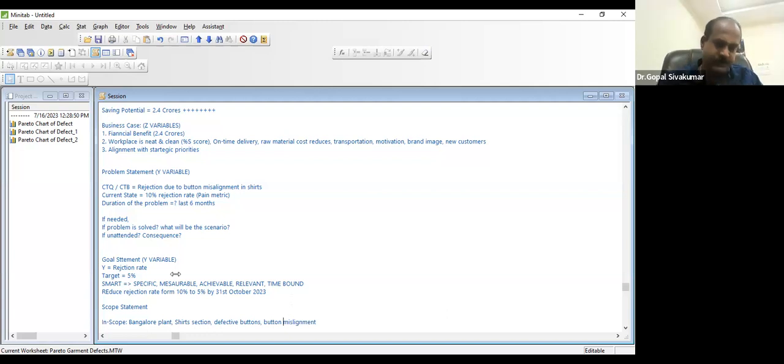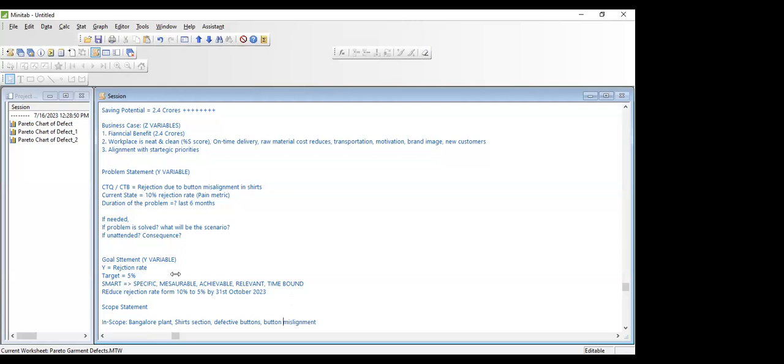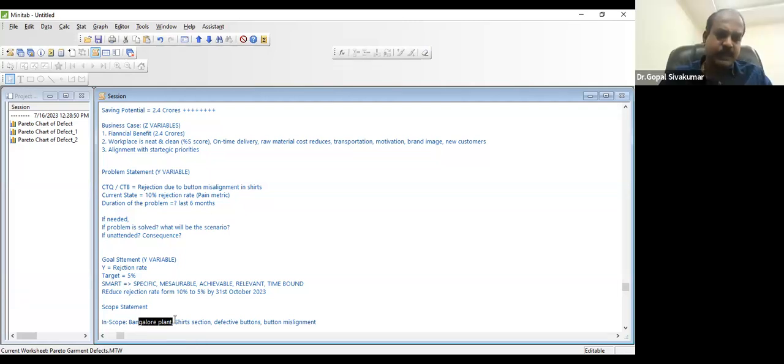See, we have not started the project, but we are right now straight away saying that we know the problem is happening in other locations also. Do you understand? The project team is going to work only in the current factory. Okay, sir, I'm not confusing here. You want to remove this? Okay, remove this.